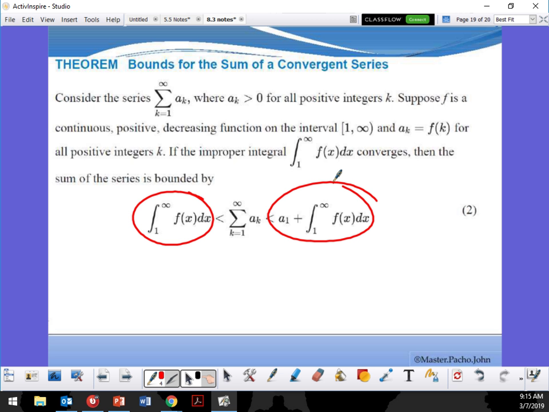We're finding the sum of the integral, and the next one's going to be 1 plus the sum of the integral. So it's basically what we just did with the P series a minute ago, right? But now we have to find the sum first, because it's not going to be in the regular format of a P series.